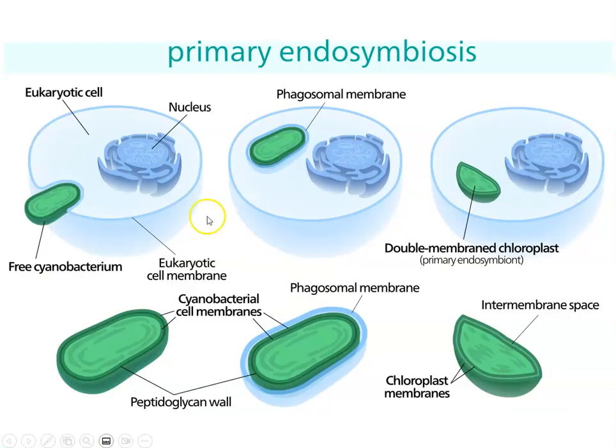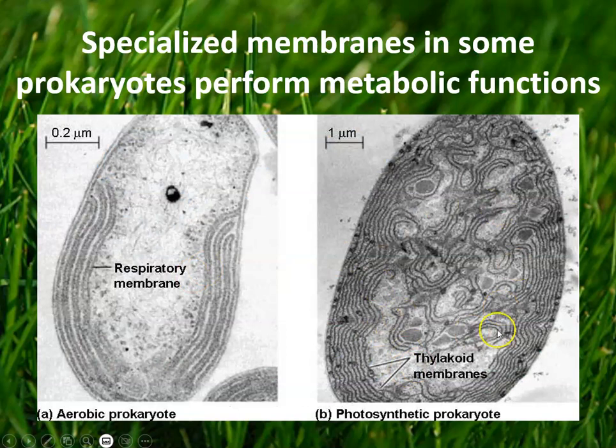So the theory is that a eukaryotic cell engulfed a free-living cyanobacterium, which would have been like the one shown on the right here, the photosynthetic prokaryote, or you could substitute that for an aerobic prokaryote and model this for a mitochondria.